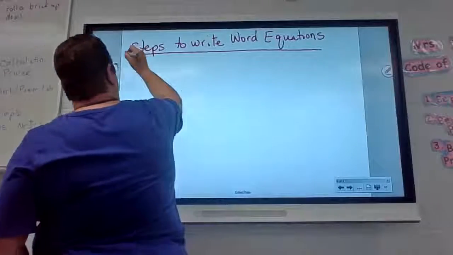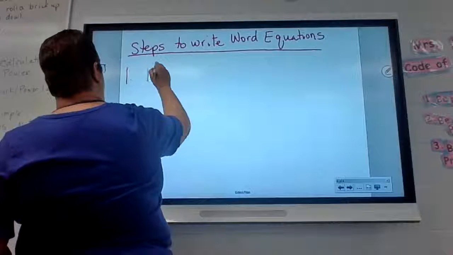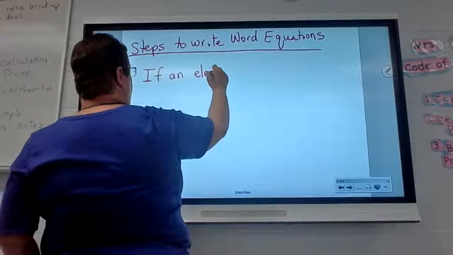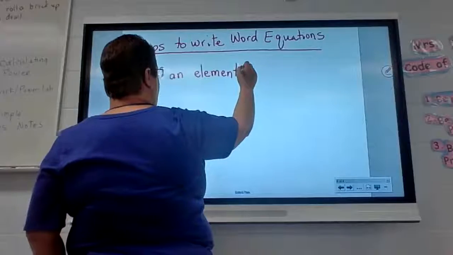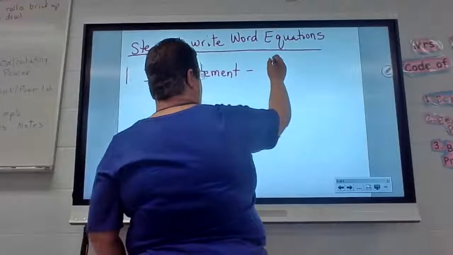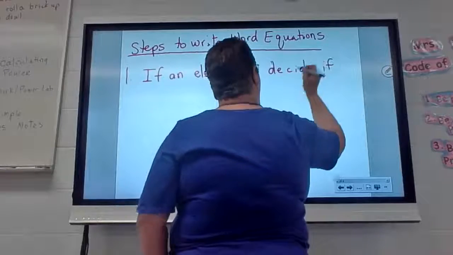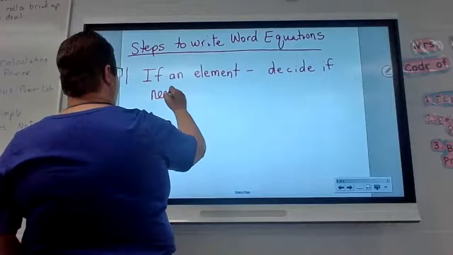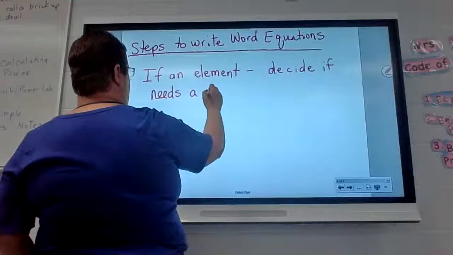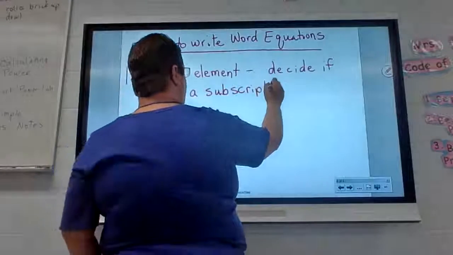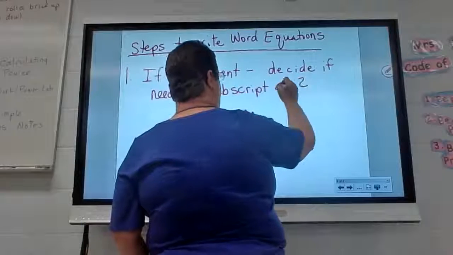Number 1, if an element, decide if it needs a subscript of 2.